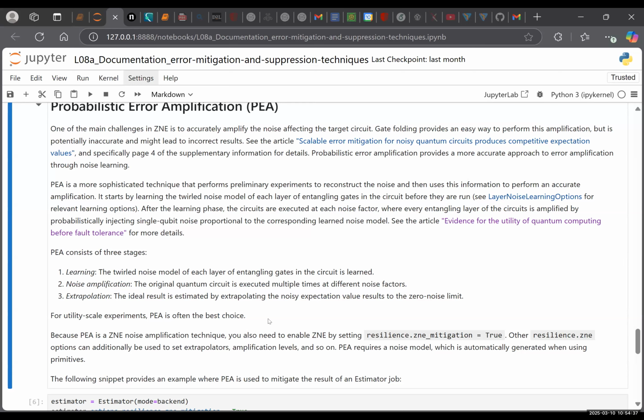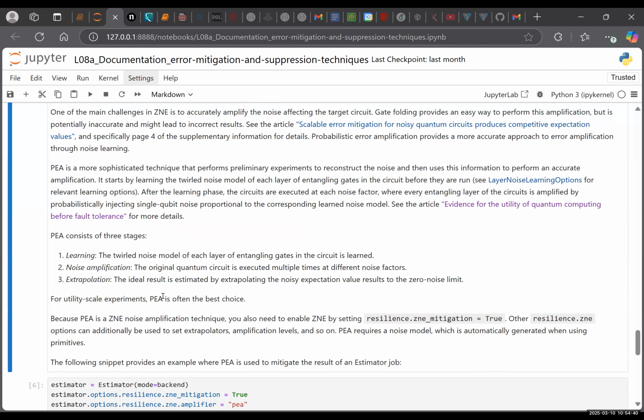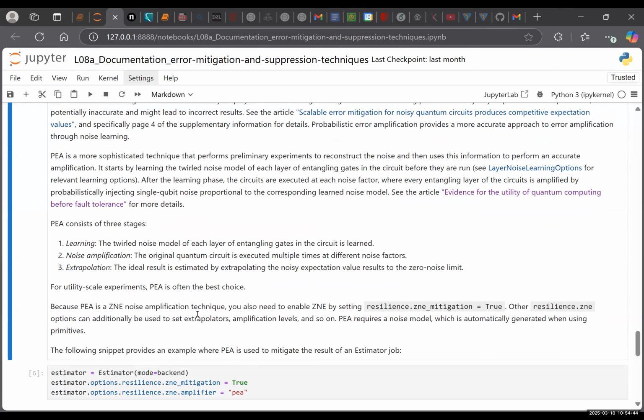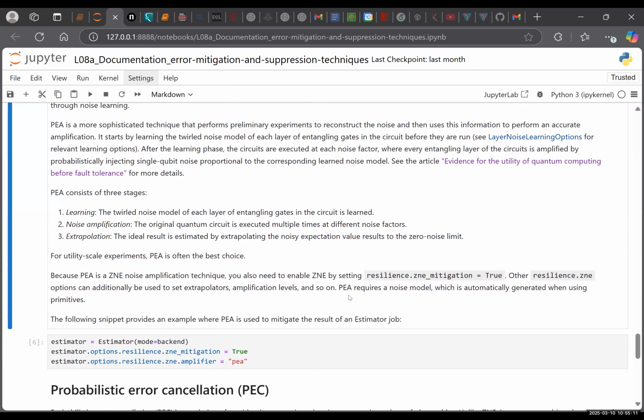It's more sophisticated. For utility scales, PEA is often the best choice, but it's also very costly. I already said that about the ZNE noise amplification technique. In the programming, you need to enable ZNE to be true, and then resilience ZNE can be used to do the extrapolations and set the amplification level.